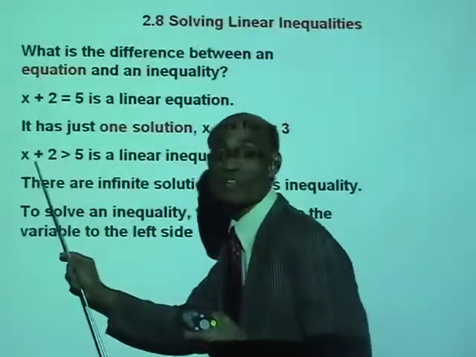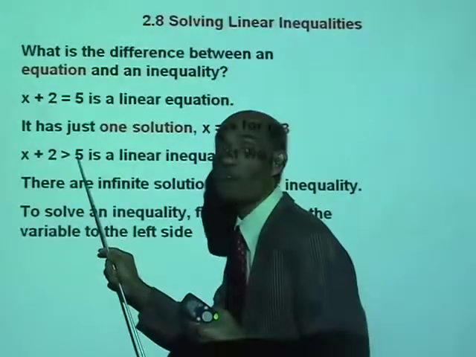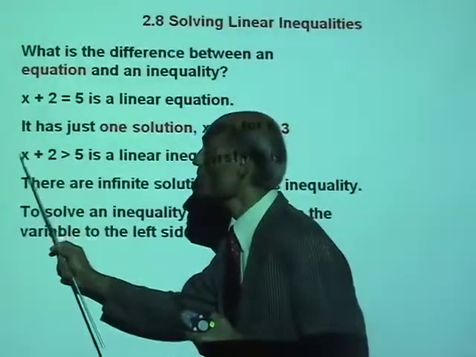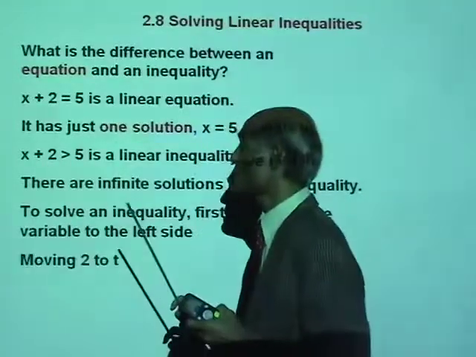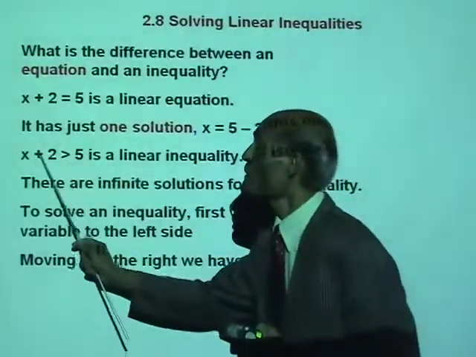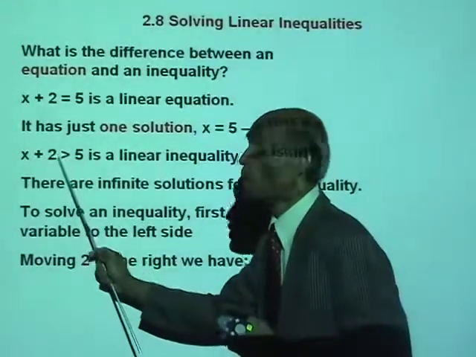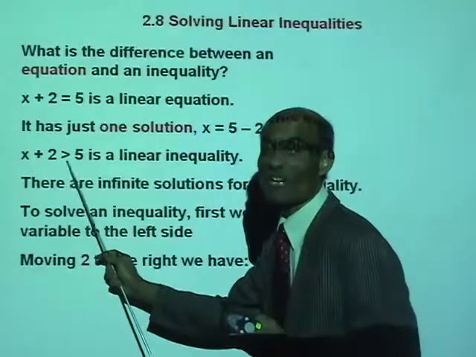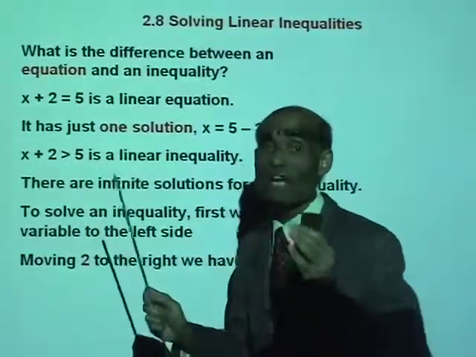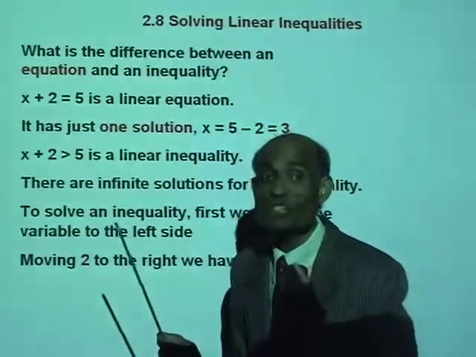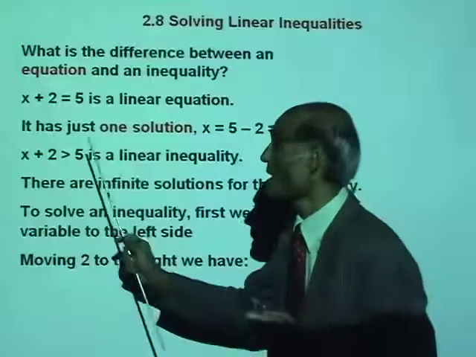So to solve this inequality, x plus 2 is greater than 5, we keep the variable on the left side and move the number to the right side. So let's move positive 2 to the right side. Now, when you talk about the left side or the right side, I'm talking about the left and right of the inequality sign. Greater than is the inequality sign.